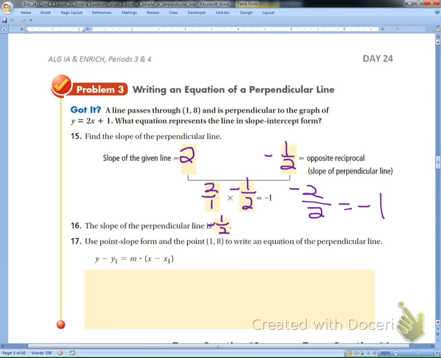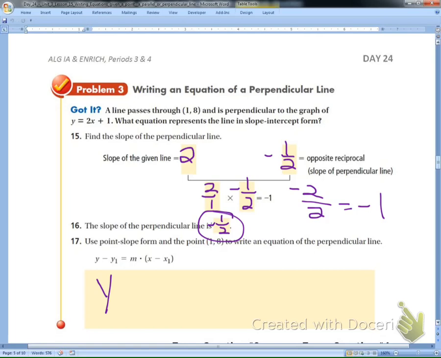If we use the point-slope equation, y minus y1 is equal to the slope times the quantity x minus x1, you can fill in the new slope. So y minus, or rather the opposite of the y point.